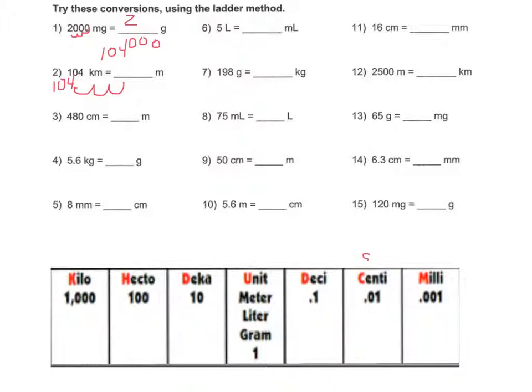And so we're going to take our centimeters and we're going to move 1, 2 times in order to find our meters. So we would have 480 with our point right here. Now whatever direction we have to move on our chart is the direction that we would move our decimal. So we moved our decimal that direction. We'll move it 1, 2, and we would have 4.80 as our meters.